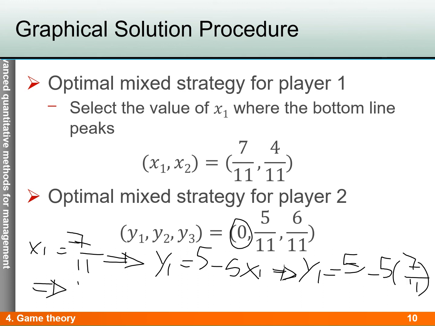If I calculate this y1, it gives me 5 minus 35 divided by 11, which is 20 divided by 11. That is another element, okay, that is not equal to the value of the game.